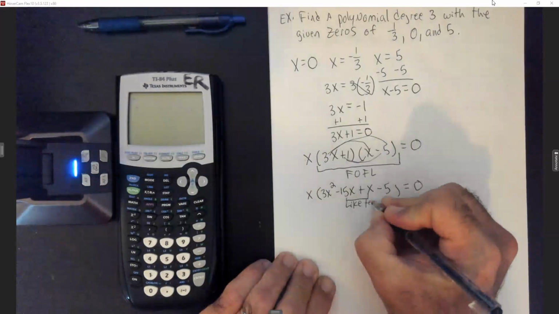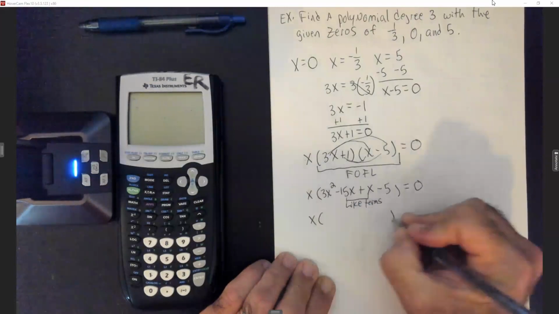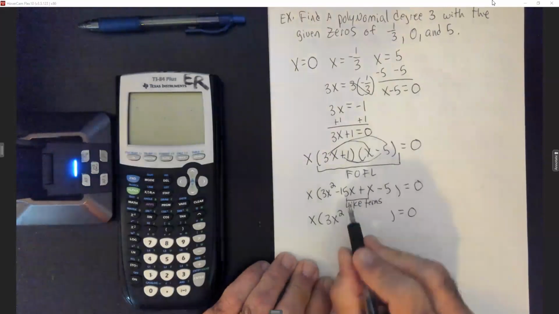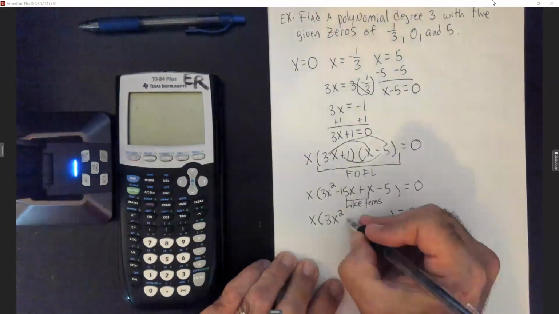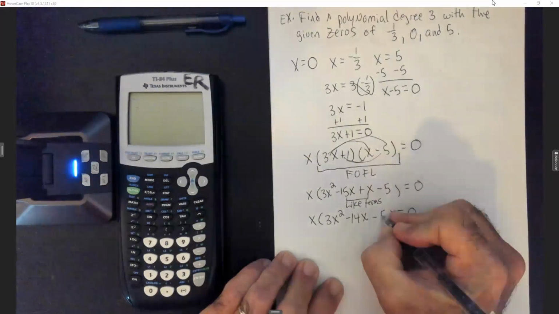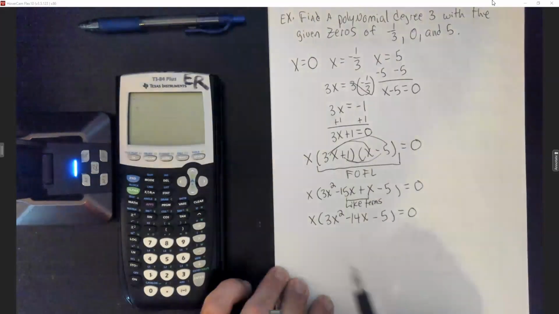So bring that x down. So the 3x squared will come down. Negative 15x's plus 1x's leaves me negative 14x, and then minus my 5. So nothing else I can do here.